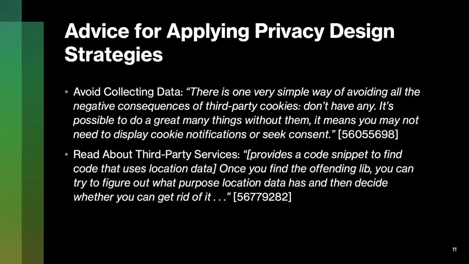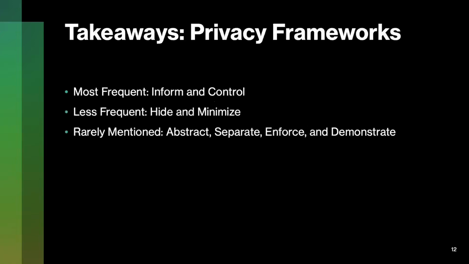Apparently, somehow there was some location data being collected without the developer's knowledge. So the answer is saying, once you find the offending library, you can try to figure out what purpose location data has been used for and then decide whether you can get rid of it. As you can see, third-party libraries and their privacy consequences can be very hard and tricky for developers to understand.